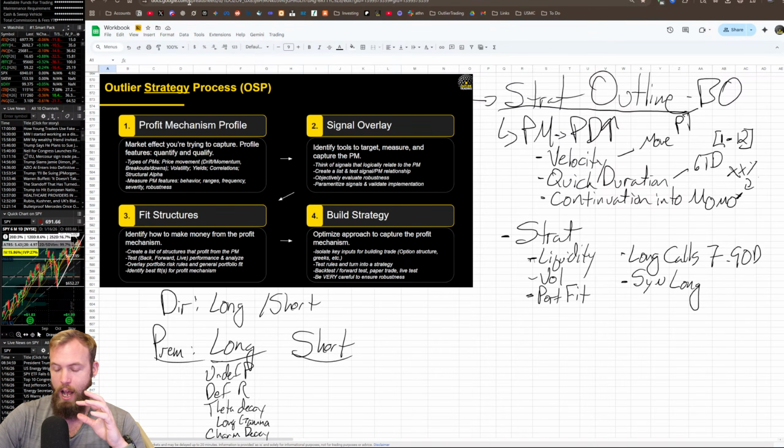Let's say when I buy options, I have a really high probability of winning. Even though that out of the money call at a 30 delta has a lower probability of being in the money at expiration, if I overlay my analysis and my analysis is good and I have a high probability approach, then I can actually have a completely fine probability with long options.